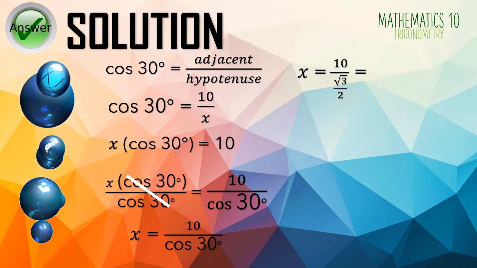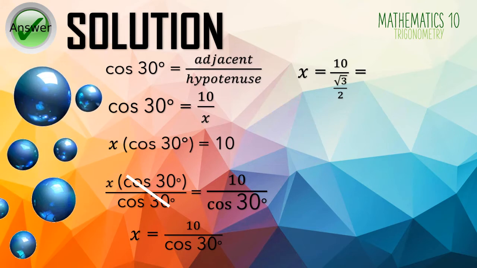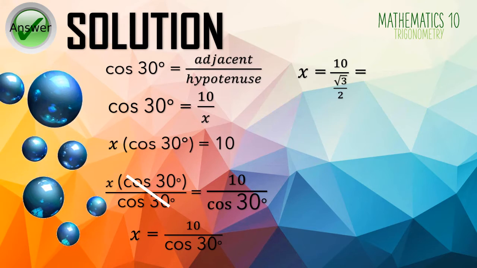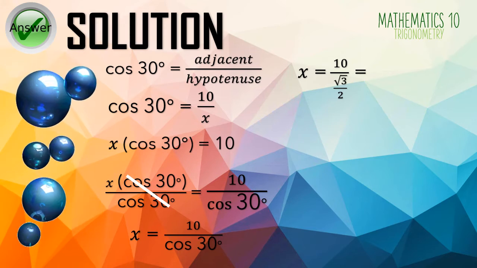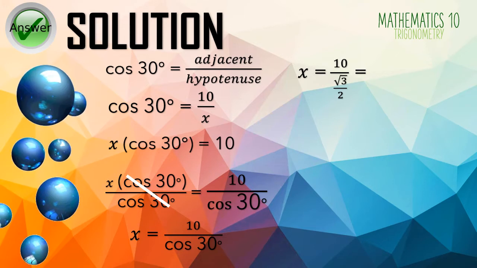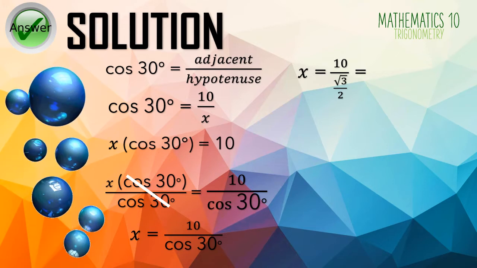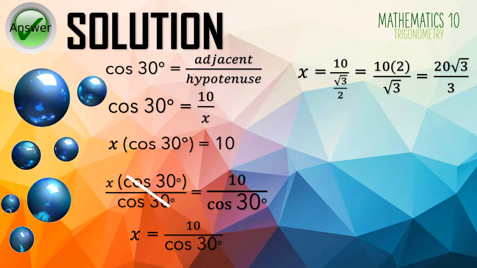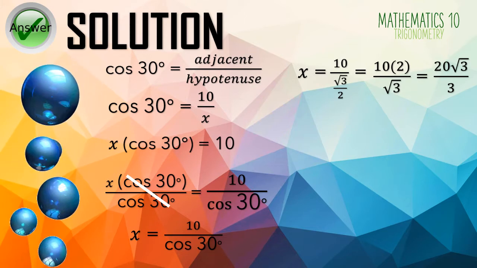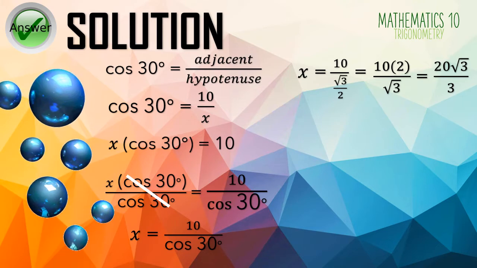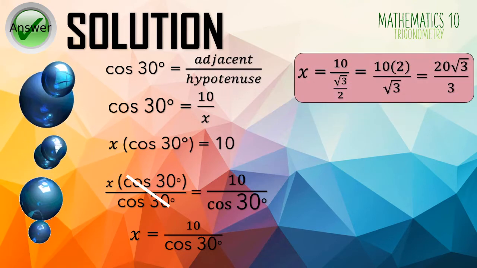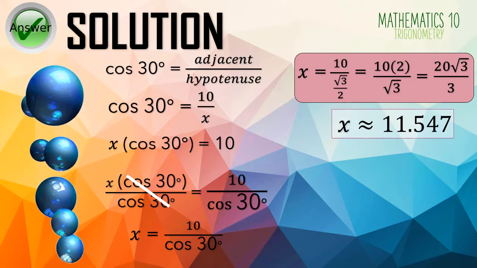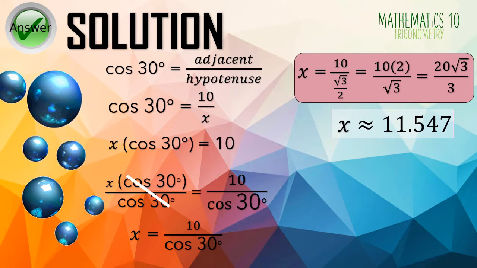They will apply the idea of special triangles that we all know. Cosine 30 degrees equals square root of 3 over 2, and then they would have 10 over square root of 3 over 2, and then they will rationalize until such time they end up with 20 square root of 3 over 3, and they will encode that in the calculator, and they will get x is approximately equal to 11.547.